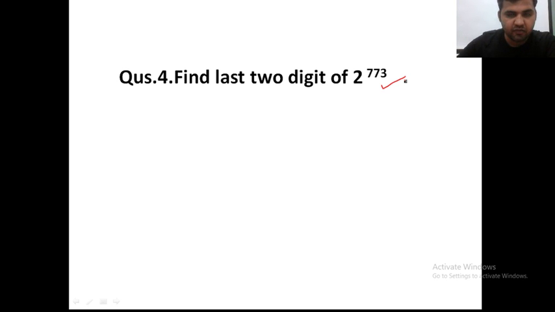Just split the power in multiples of 10 and write down the remainder separately. Just split this power, 2 power 773. How would you write it? You can write it as 2 power 770 into 2 power 3.